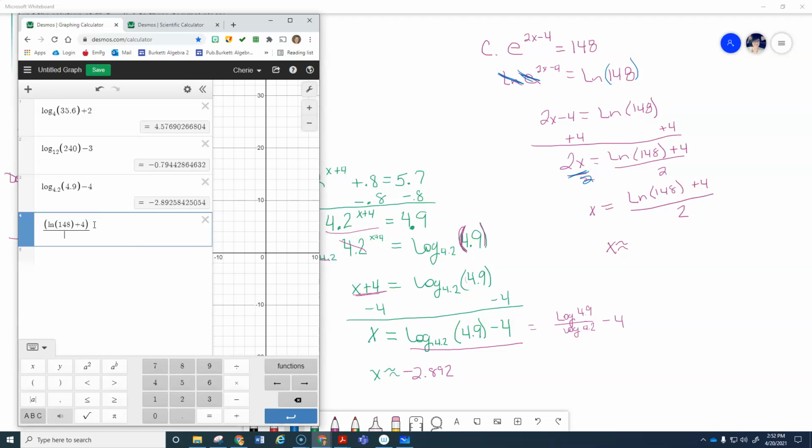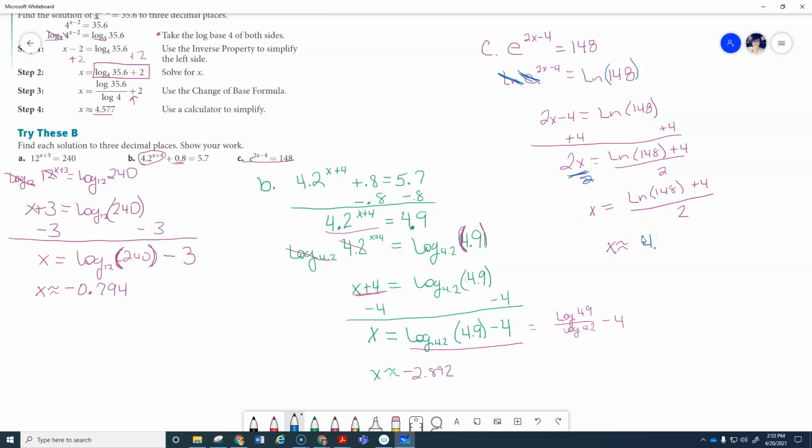And now when I hit the divide key, it'll go down and let me divide by 2. So I've got the natural log of 148. I evaluate that, then I add 4, and then I divide everything by 2. So my final answer is 4.499 if I round to 3 decimal places.